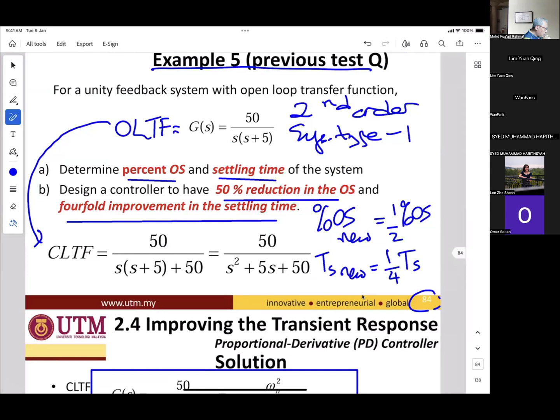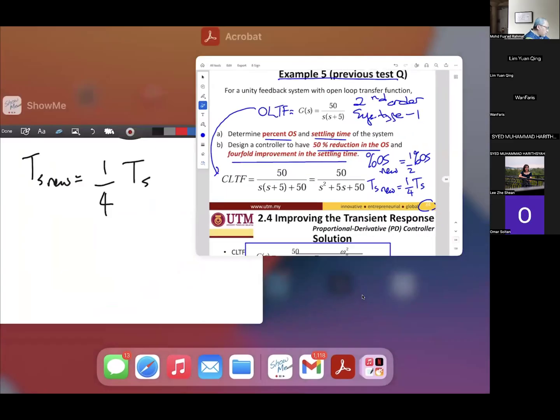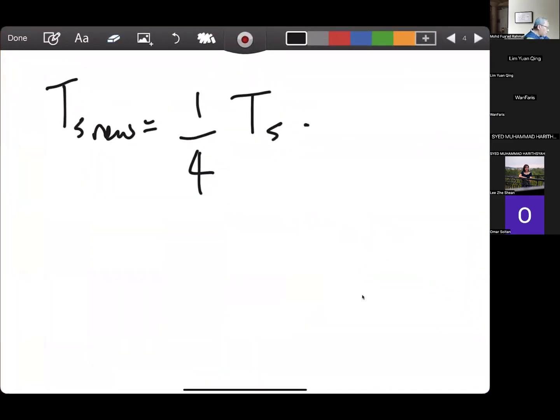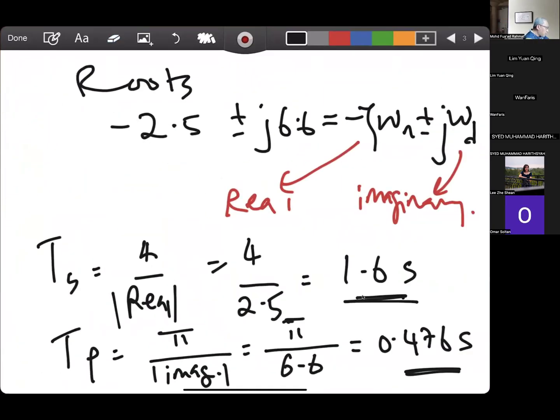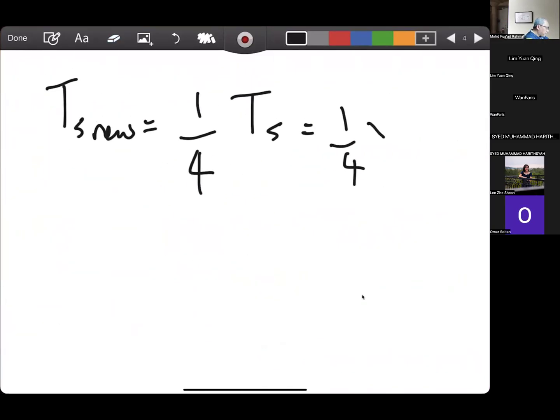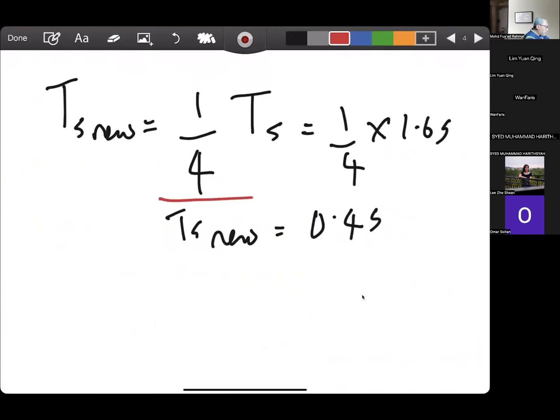Improvement meaning shorter, 4 times shorter compared to the old one. So 1/4 of 1.6 seconds, TS new, so 0.4 second. That is our target, our spec design.